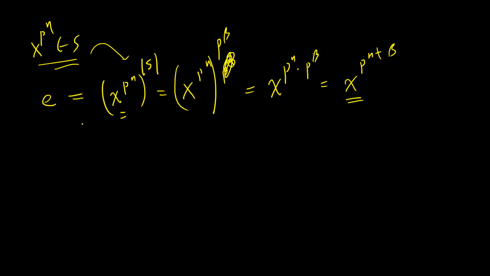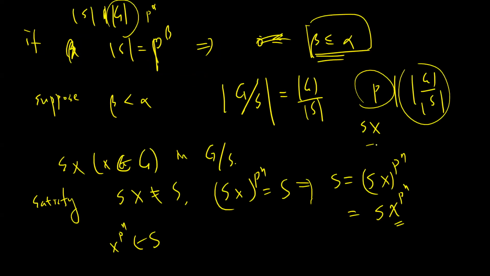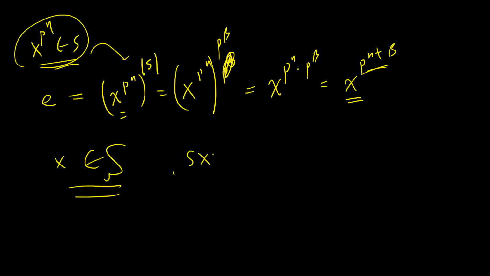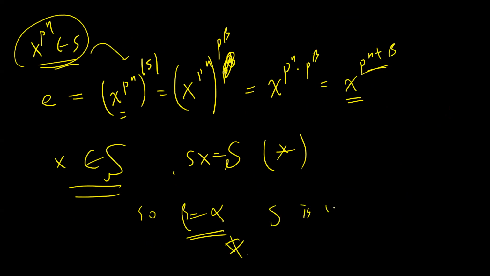So this means X is not just P to n in S, but by definition X belongs to S. In other words, this contradicts our assumption that Sx is not S. Because we showed that x belongs to S, so Sx will be S. So contradiction. So beta must be alpha. So that means S is what we want.